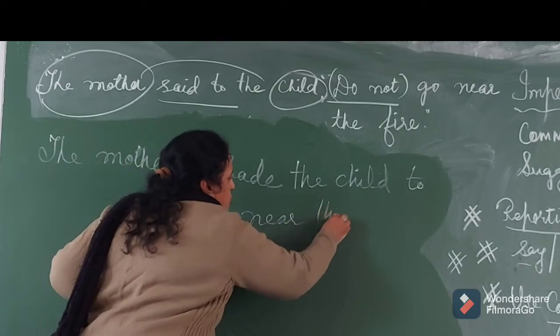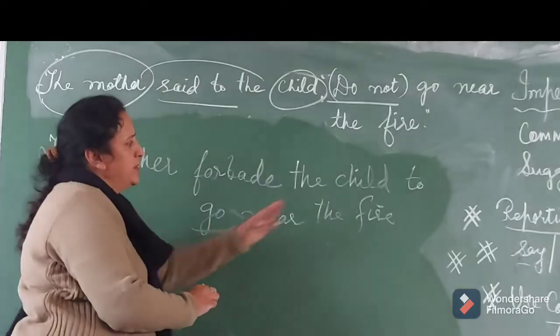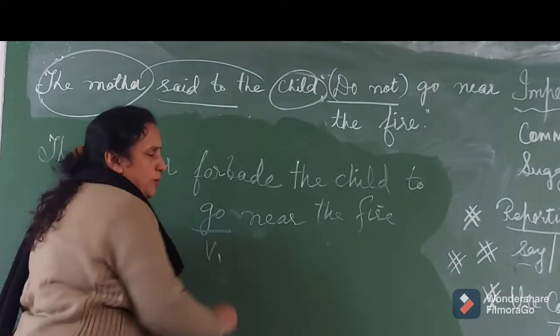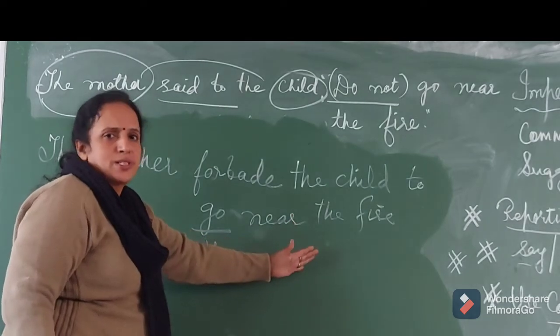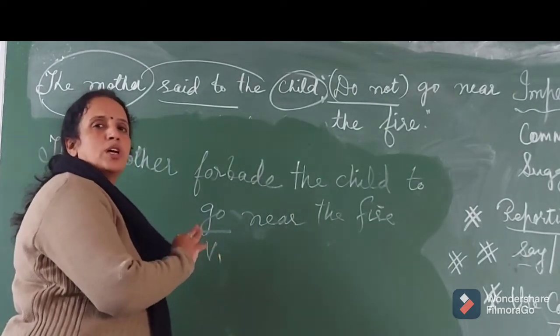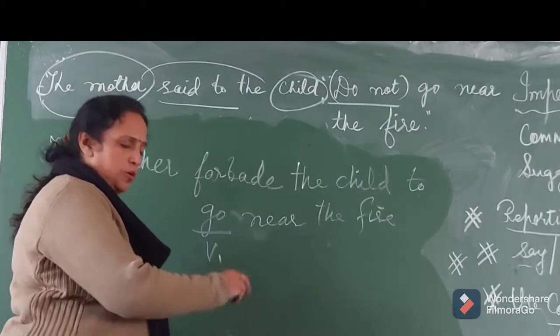Again, don't bring any change of tense inside; use the infinitive to with the verb's first form and note down the rest of the sentence. So in this way, you will transform imperative sentences into the indirect form.